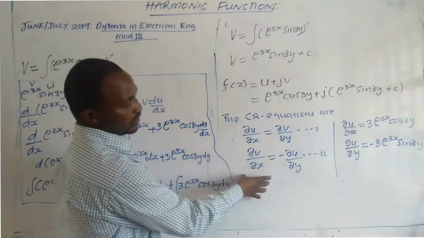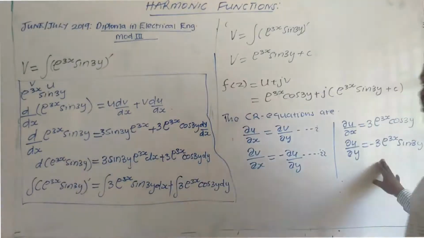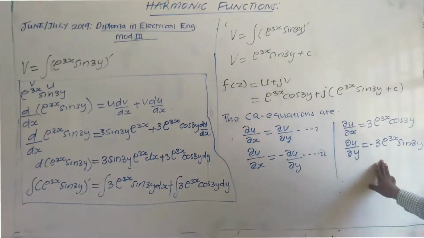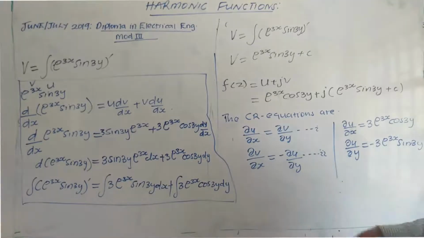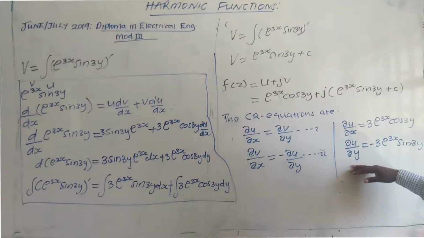These two are our Cauchy-Riemann equations. I have already determined these partial derivatives of u in the process of checking whether u is a harmonic function, so I don't need to determine them again.